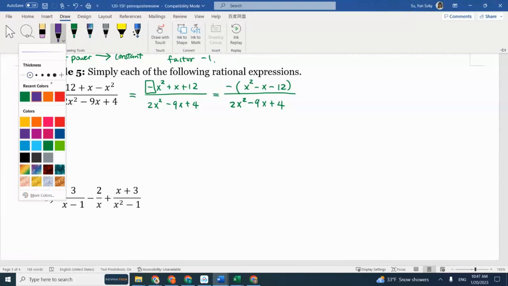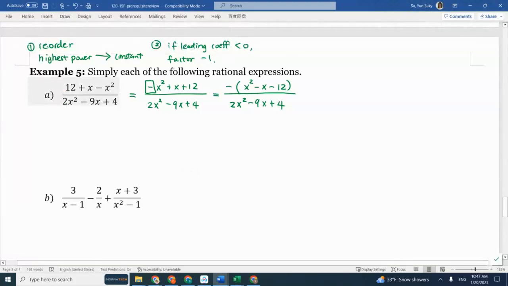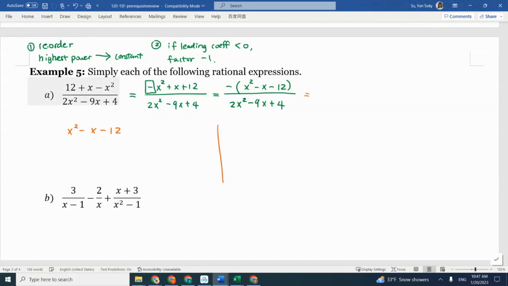Okay. All right. Now let's start. Let me use, how about orange color? Okay. How do we factor this? Some of you might learn different ways or different notations. So let's do the x squared minus x minus 12 here, and let's do the 2x squared minus 9x plus 4 here, and then after we factor down, we put the answer here. Let's just break it down into smaller parts. How do we factor this?